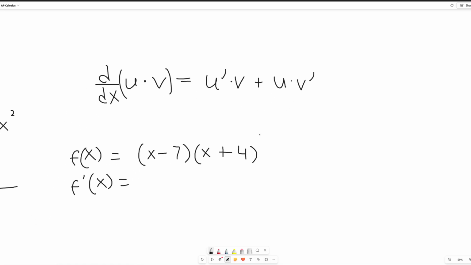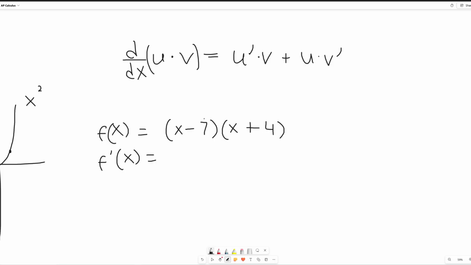So what will that look like here? Well, we can just put these as two separate terms that are multiplied. So the derivative of x minus 7, right? Well, the derivative of minus 7 is nothing. And the derivative of x is 1x to the 1 minus 1, which is just 1.